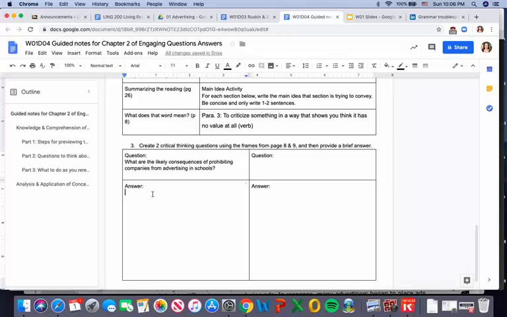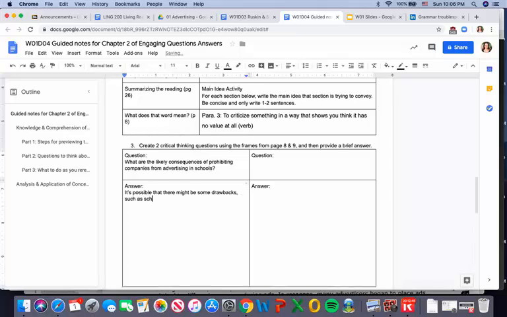Think about what you would respond to this. It's possible that there might be some drawbacks, such as schools losing some funding.